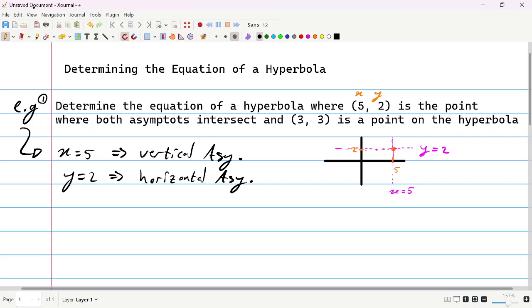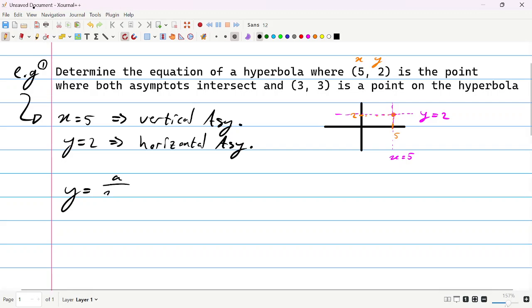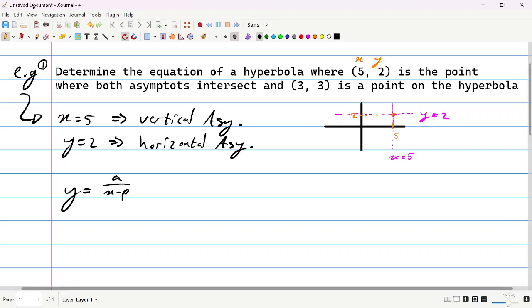Now we need to use this information and put it into our standard equation. We know the standard equation is y is equal to a over x minus p, plus q. And we know that our p value is essentially just this, and this is our q value.